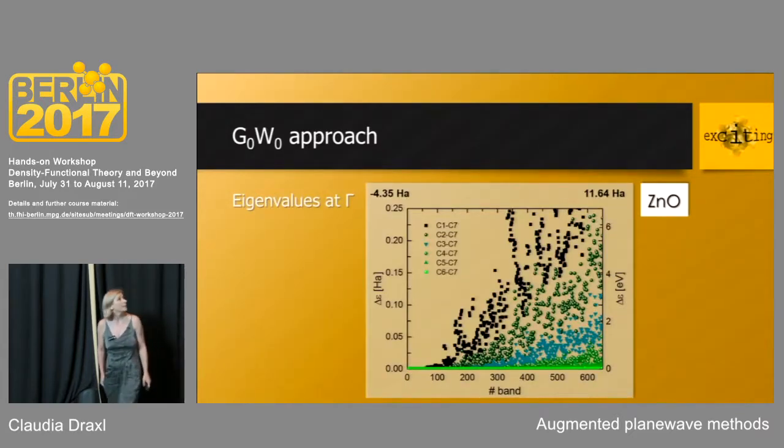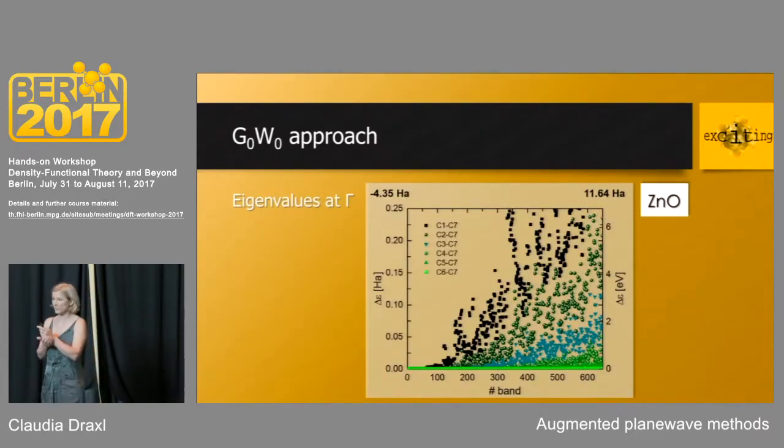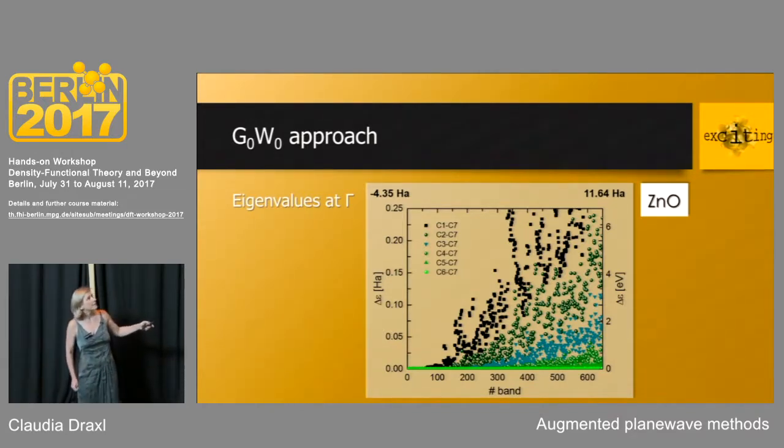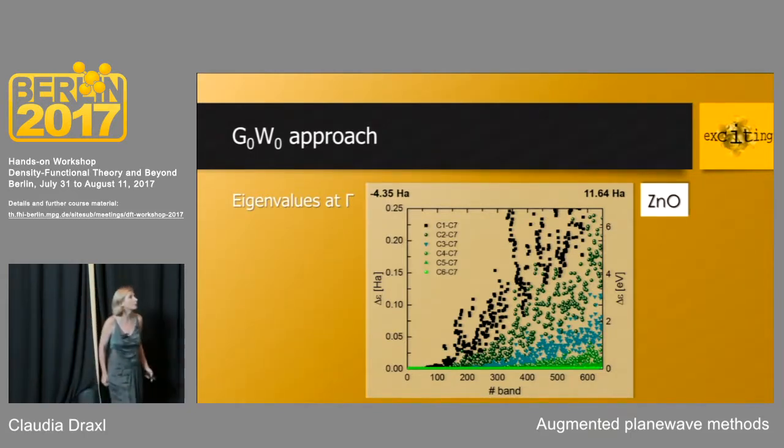And these are the Kohn-Sham eigenvalues at the gamma point. What you see here is the difference between the respective basis set and the best possible basis set. So C7 is the one with more than 800 local orbitals.